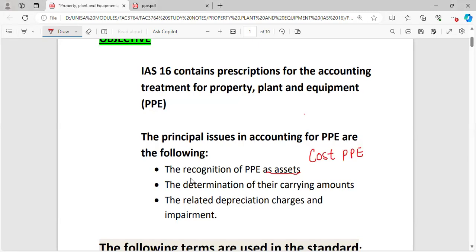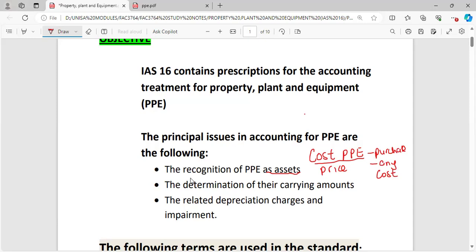So in the cost of PPE, you are going to see that we have the price and any cost attributable to bring that PPE asset to use. So when you look at the cost of the asset, you are going to look at the purchase price and any cost that is attributable to bring that particular asset to use.